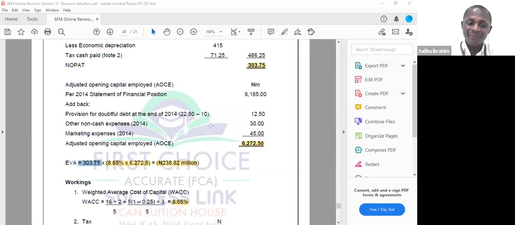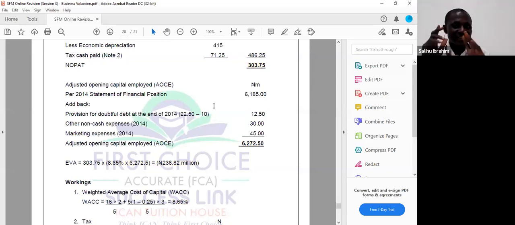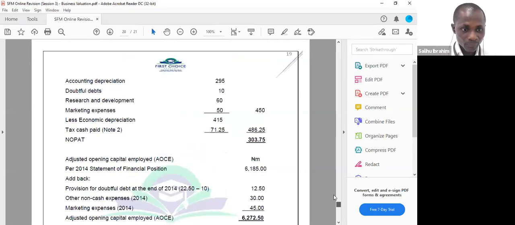And if you have a negative EVA, you can't have a market value added. If there is negative EVA, there's no way you can have market value added. That's what the question says, irrespective of your calculation in A, assuming the EVA is 120 million. Let's go there so that you see what I'm talking about.